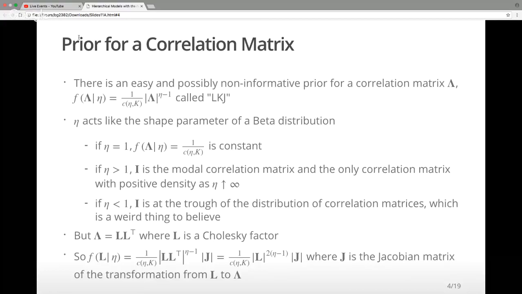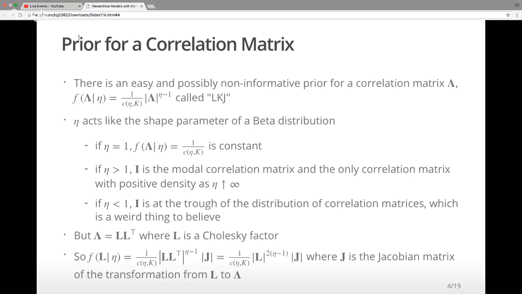Basically, because it's a symmetric distribution on correlation matrices, you're saying, well, I think correlations of 0 are unlikely, and correlations that are non-zero are more likely, but I'm sort of indifferent as to whether they're more likely to be positive or more likely to be negative. I just know that, in absolute value, they're close to 1. That's a pretty weird thing to think about, I think, for most coefficients and stuff like that in multilevel models.